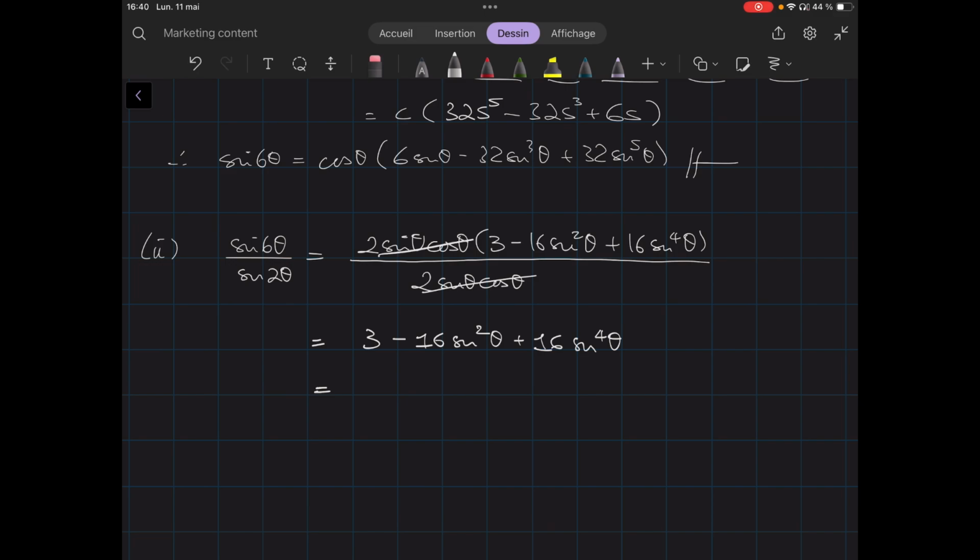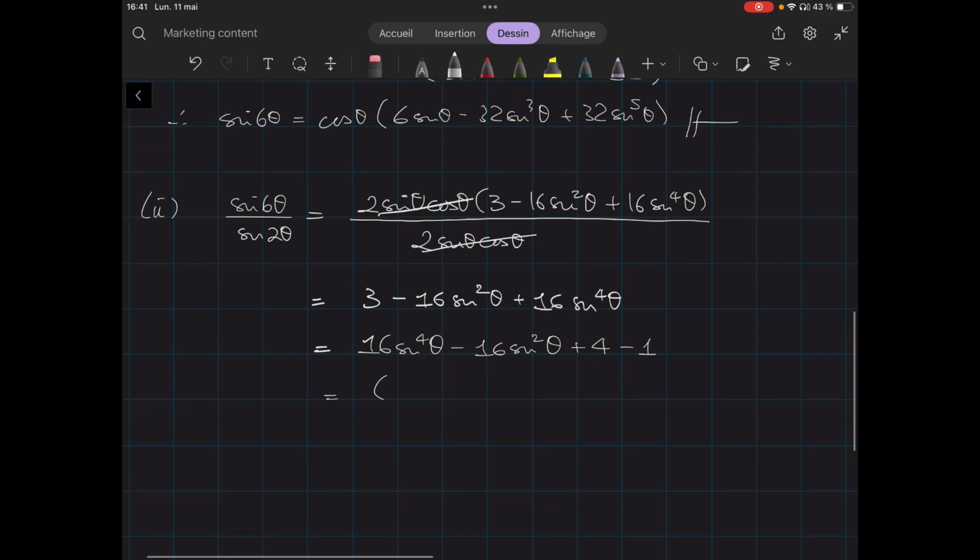If I am going to complete the hidden quadratic here, I would need to add 4 and then subtract 1, because this is 4 sine squared of theta minus 2, all squared, minus 1. Now you might be asking, why are we doing this? This is because this will now allow us to find the range of this function.